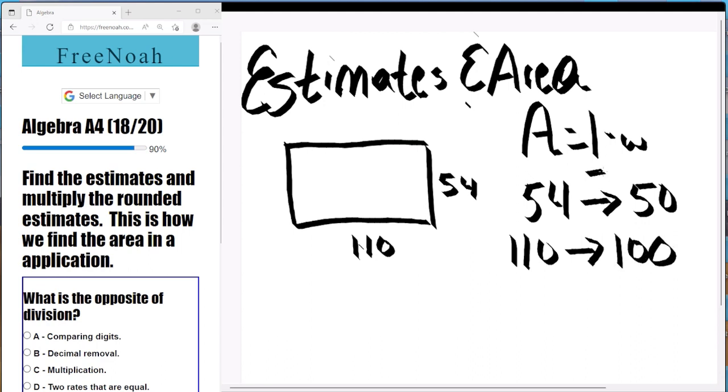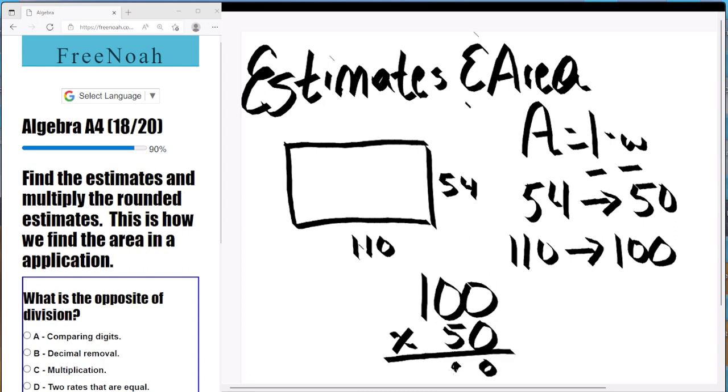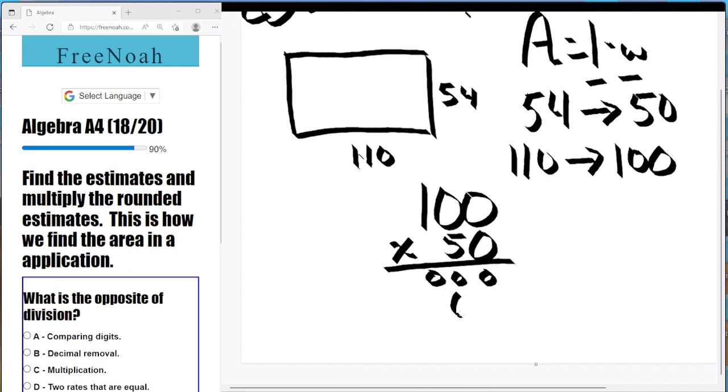Then we have our length and our width and our estimates. 100 times 50 equals 5,000. 5,000 square units.